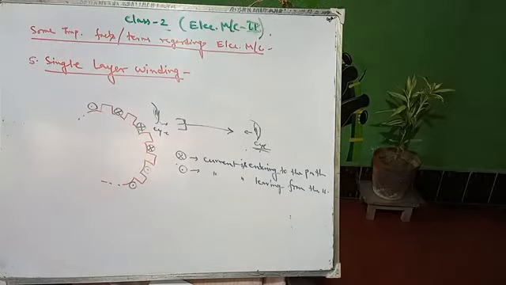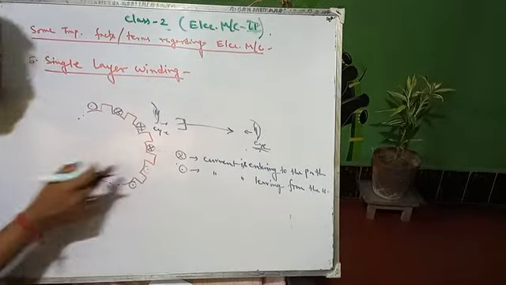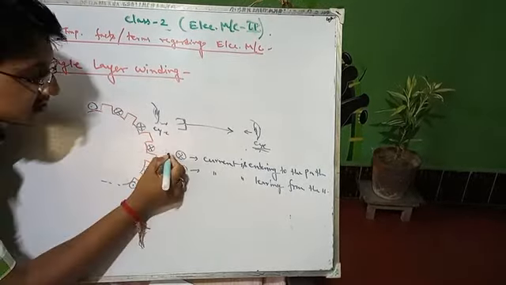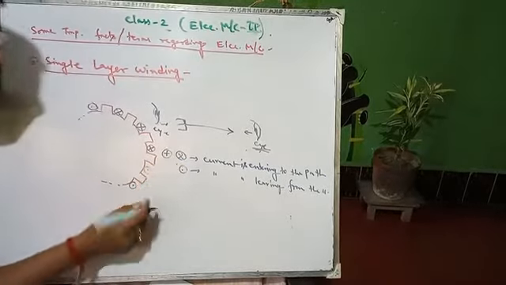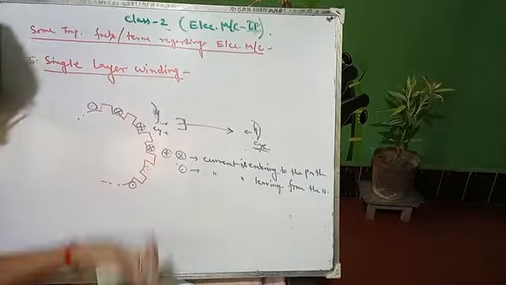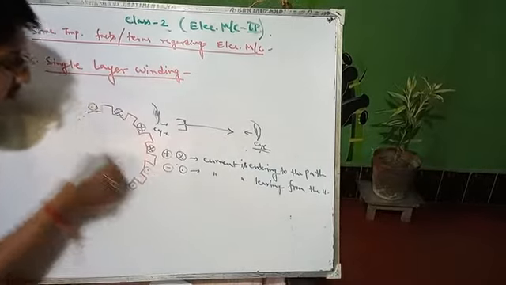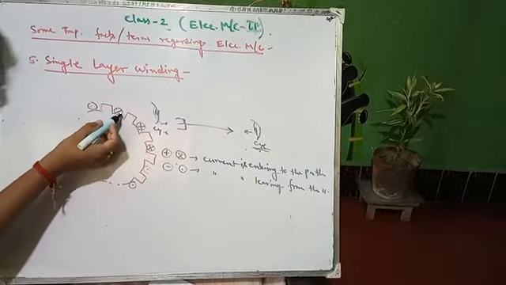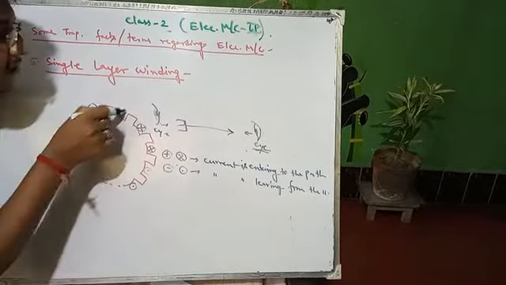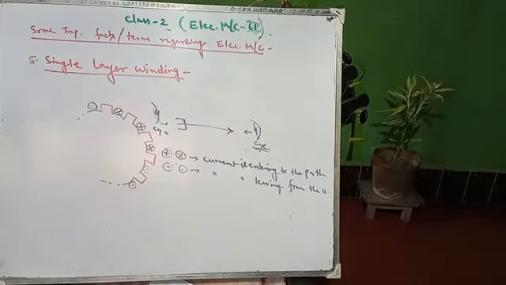When the current is entering, the terminal is treated as positive, always remember. And dot means current is leaving, which is treated as negative. So here the negative current is present and here the positive current is present. Current is entering and leaves from here.